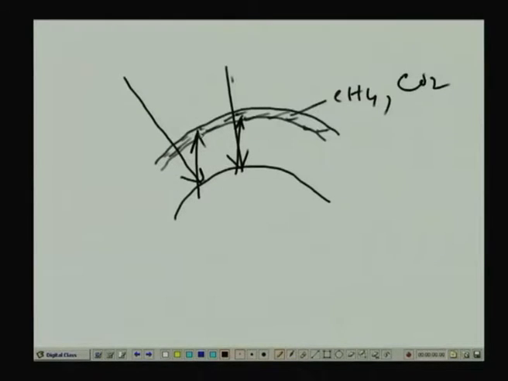A certain part would be reflected back, and a certain part would go out of the atmosphere, out into the planetary system. Here also you can see these things taking place.